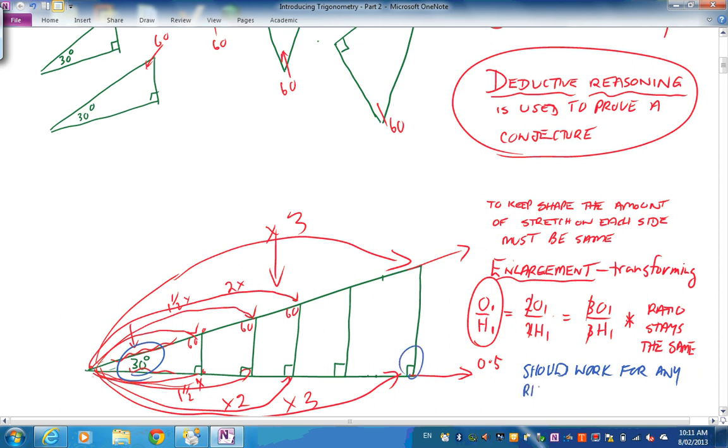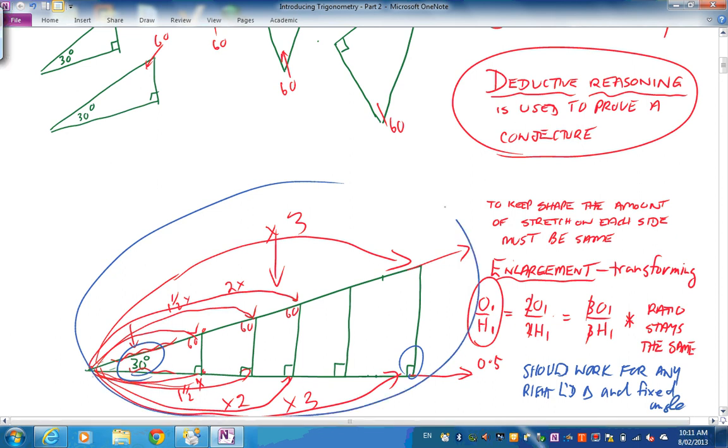For any right angled triangle, and a fixed angle, it doesn't have to be 30 degrees. 40 degrees should have its particular ratio. 50, 51. We should always be able to match the triangles up in this enlargement idea and use the same mathematics. Our little proof there.